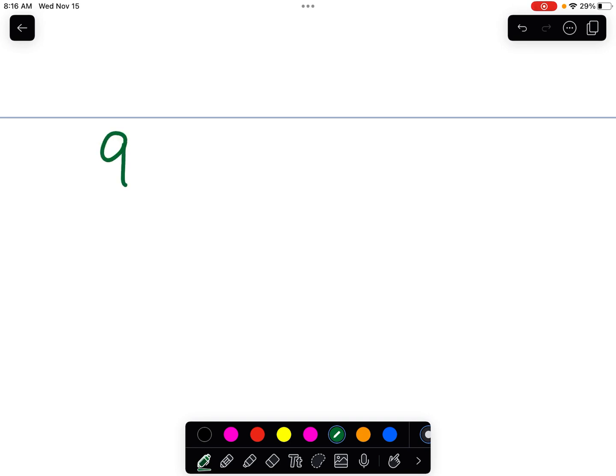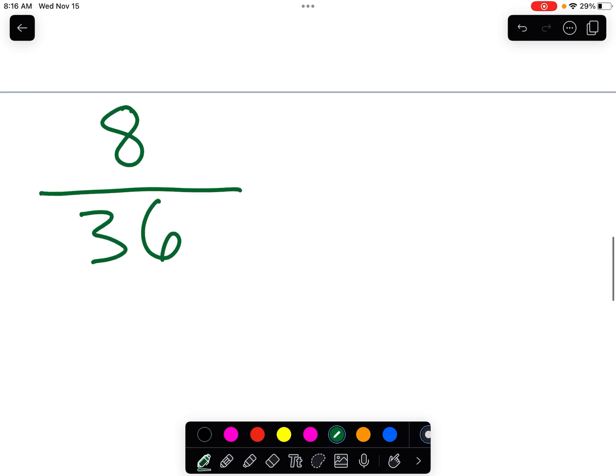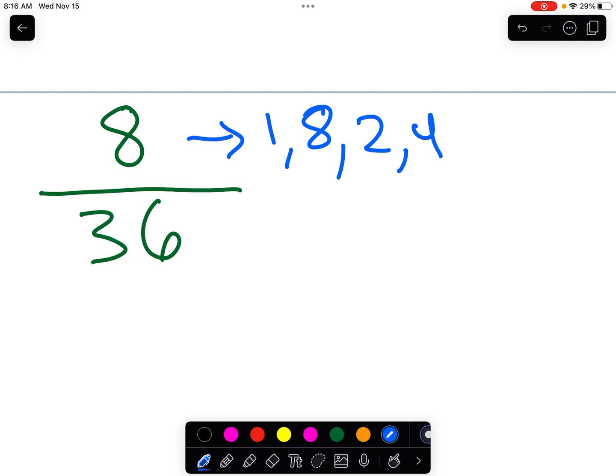Let's do 8/36. First step, write out the factors. For 8: 1 times 8 equals 8, and 2 times 4 equals 8.